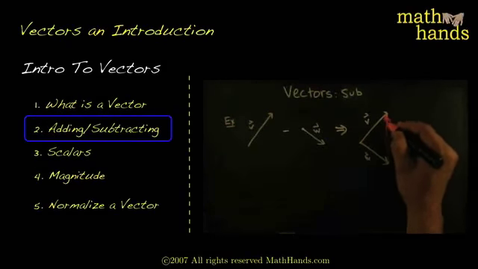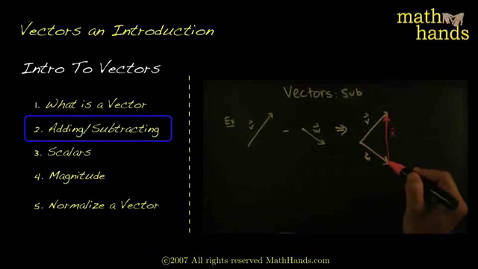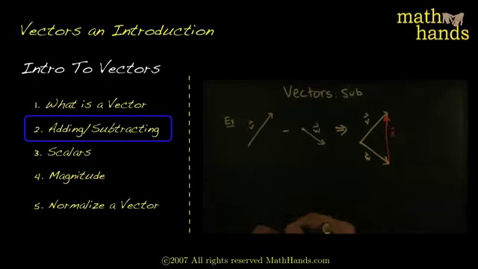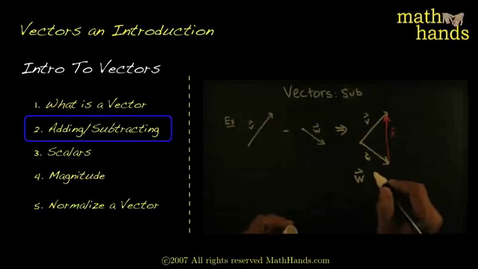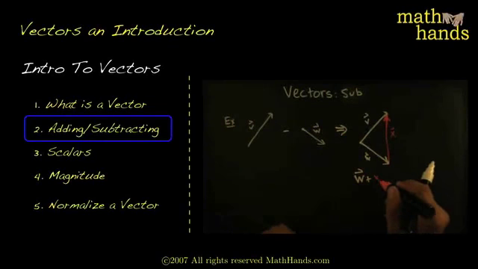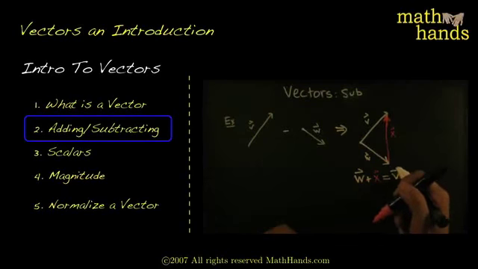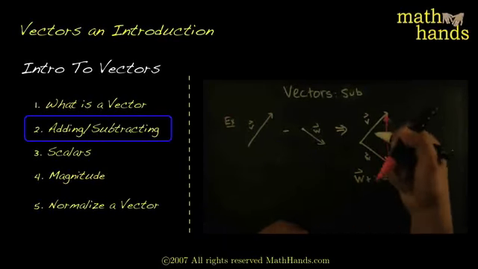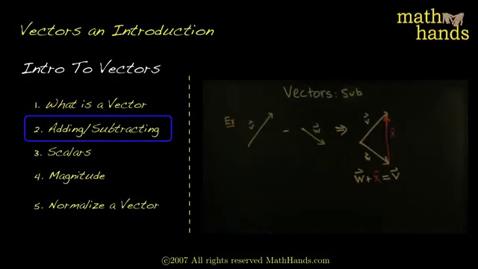Now, take a look at this arrangement. If you make X point that way, then X and V are tip to tail. So that you can say that W plus X is equal to V. Just from this picture, W, tip to tail, X is the same thing as V. Now, if you write it that way, that would tell you that X would be equal to, by subtracting W from both sides, V minus W. There you go.